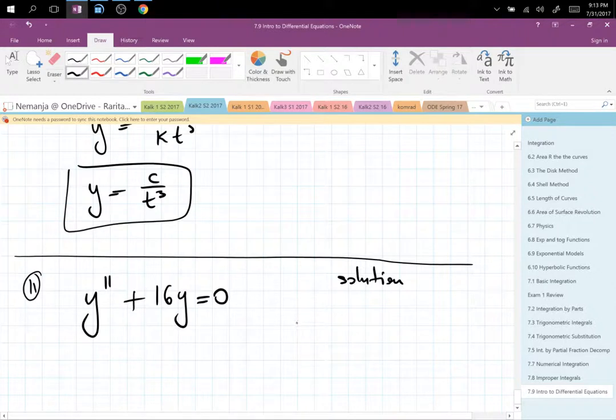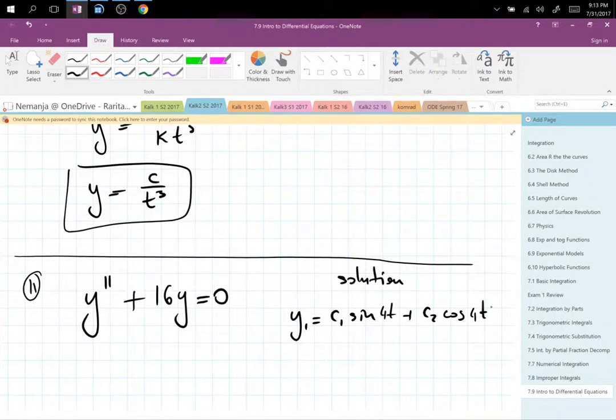Solution is y equals c1 sine 4t plus c2 cosine 4t. What do we do to C1, C2? Those are constants, just drag them around. Okay.